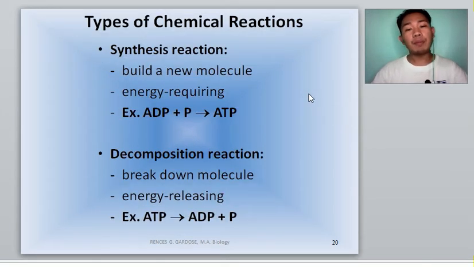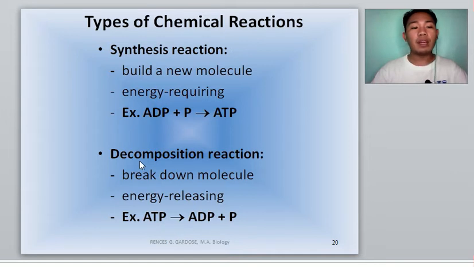We have types of chemical reactions. Number one, we have the synthesis reaction. That means it's building a new molecule, and it usually requires energy. Just like, for example, in forming adenosine triphosphate, we need reactants that are adenosine diphosphate and a phosphorus.